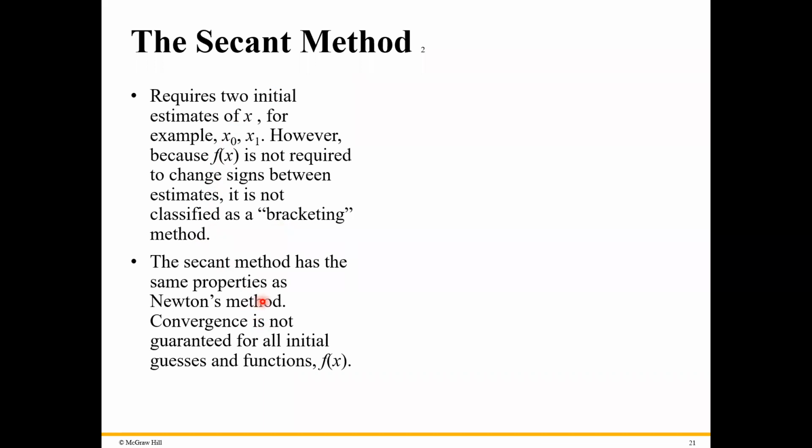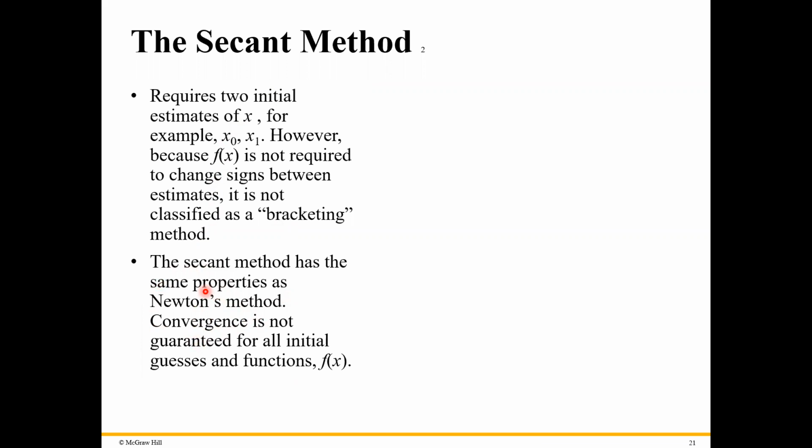So the secant method has the same properties as Newton's method. Normally it converges as rapidly as the Newton-Raphson method. However, as in the Newton-Raphson method, it is not guaranteed to converge. So the same is true in this case.